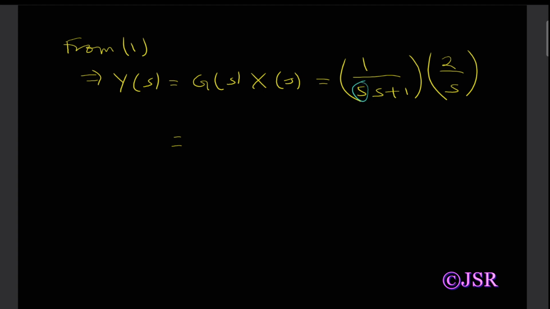So make the coefficient of this s as 1. So to make 1, we have to divide this by 5. So finally we can write Y(s) equal to 1 by s. So here we will divide the whole expression.